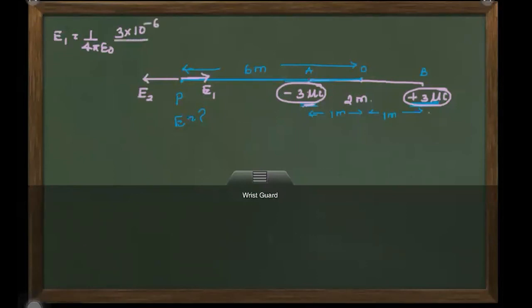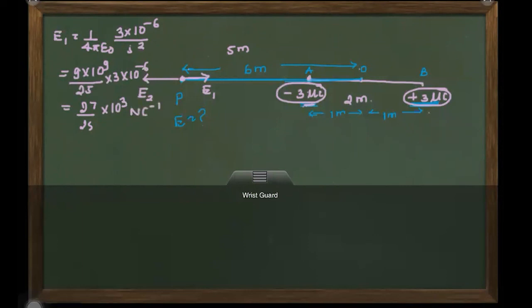What is the distance of point P from A, the source charge? From here to here it is 6 and here is 1, so the distance will be 5 meters. So you can write 5 square. So it will be 9 into 10 raised to power 9 upon 25 into 3 into 10 raised to power minus 6. That means 27 divided by 25 into 10 raised to power 3 Newton per coulomb is the electric field due to the first one.